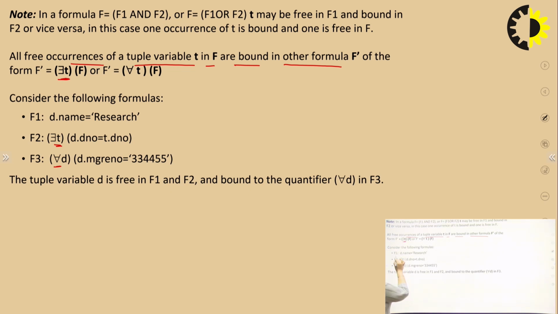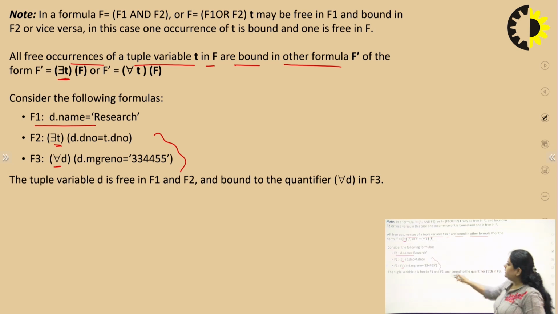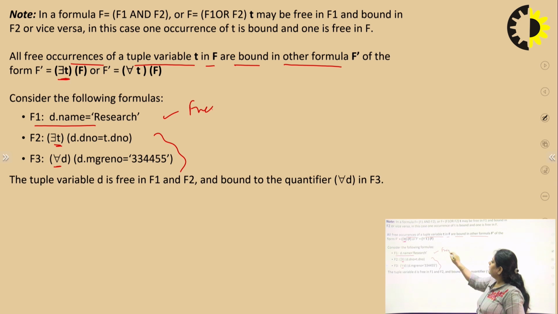If we do not have any there exists or for all condition, then they are known as free variables. These are bound variables and these are free variables. This is free and these are bound variables.